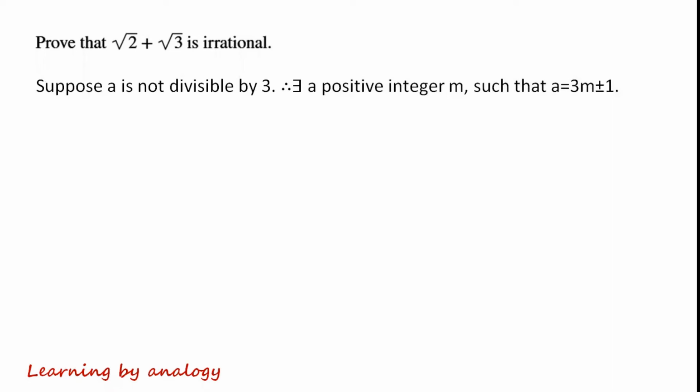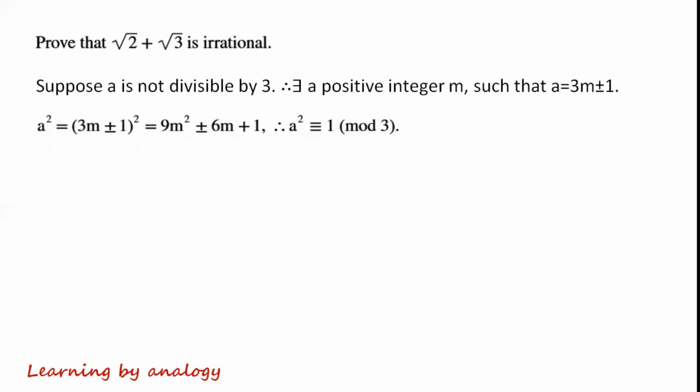Suppose a isn't divisible by 3, so there exists a positive integer m such that a equals 3m plus or minus 1. A squared equals 3m plus or minus 1, all squared, equals 9m squared plus or minus 6m plus 1.